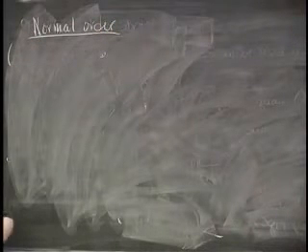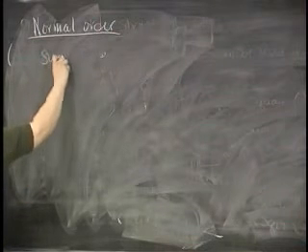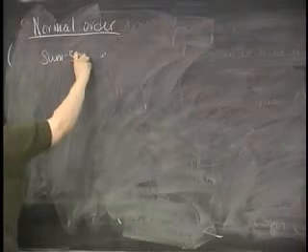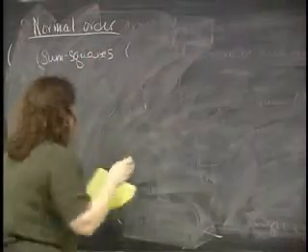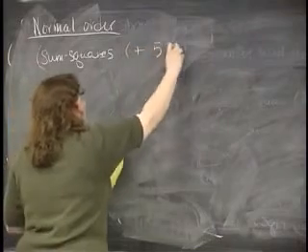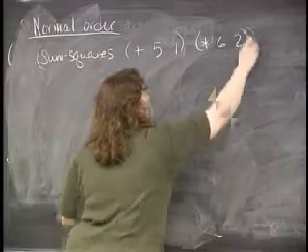Label it as such, because it is different from the normal substitution model in Scheme. So let's do sum of squares: plus 5, 1, and times 6, 2.